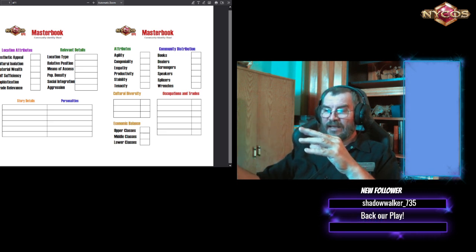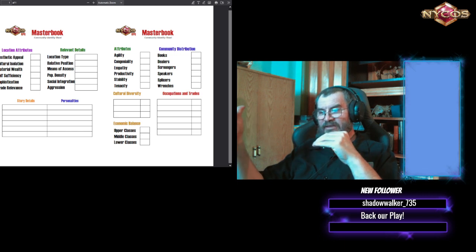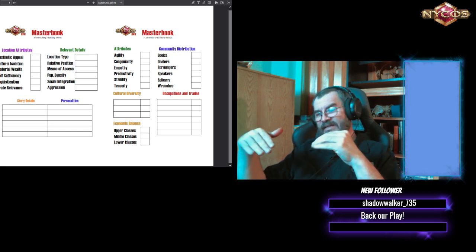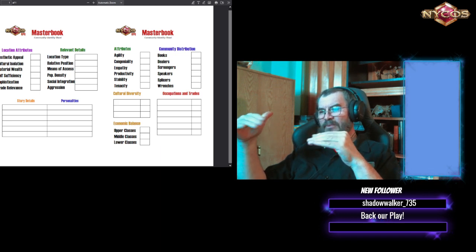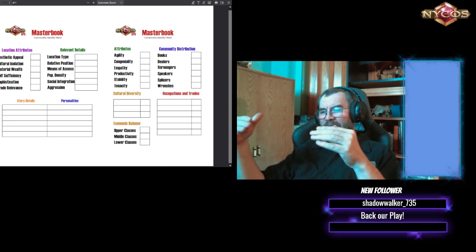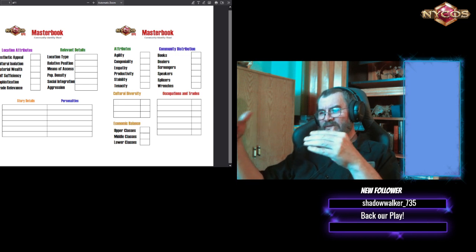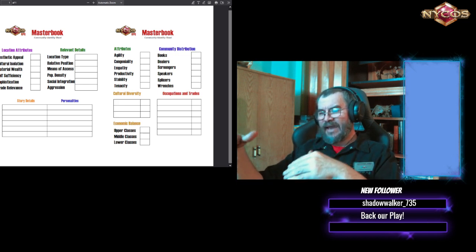We do have the economic balance in terms of percentage, upper class, middle class, lower class. This isn't going to add up to 100%. It's not a division of them, but rather saying what influence that portion of the culture has.